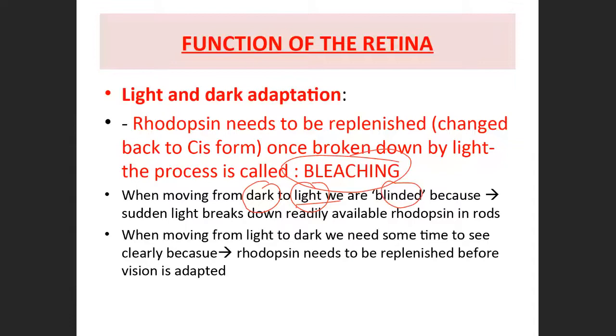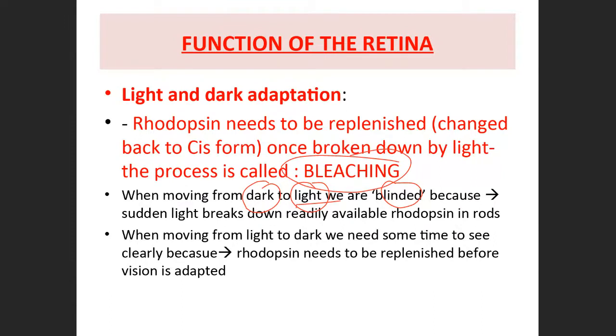And that's because all of a sudden light strikes a whole bunch of photoreceptors all at once, and all of them get bleached all at once. So for a few seconds, you have literally non-working photoreceptors until they get remade again. The retinol gets remade again, and now they have again the working rhodopsin.